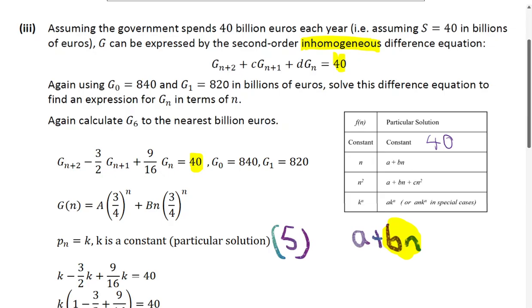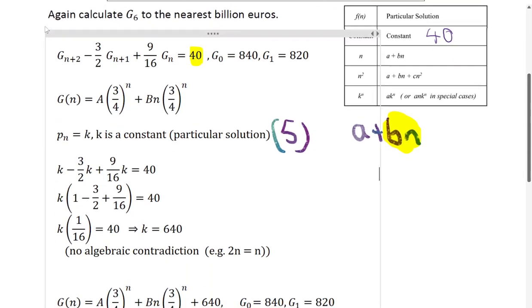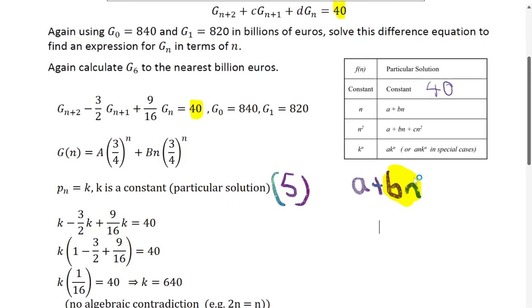I was actually hoping that we were going to have to do a new one after a bad first guess, but it happened to work this time. So what I did there is perfect. If you don't get the answer, kind of a consistent algebraic answer, then try A plus BN, or then if that doesn't work, try the N squared. And there's one more special case.